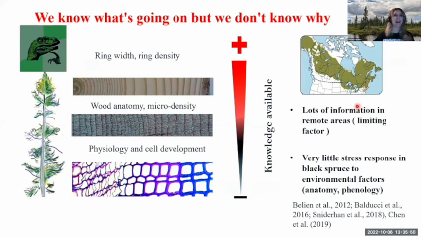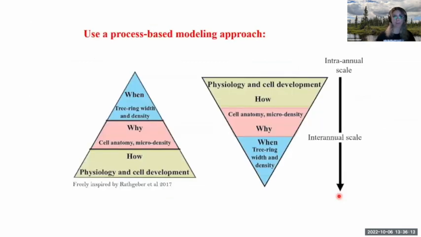Then, are they really representative of tree growth in general, especially when you are working with black spruce, a species that has a very large distribution area and which has been demonstrated to be little responsive to short environmental fluctuations?